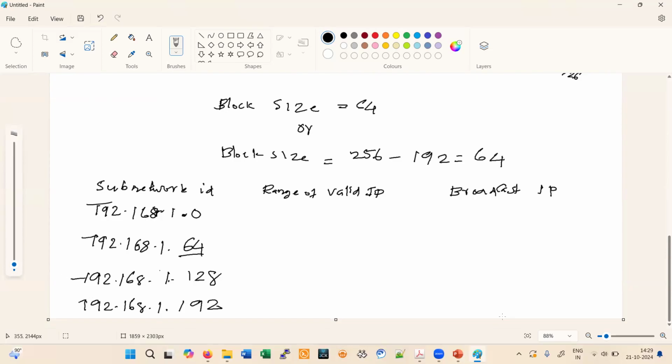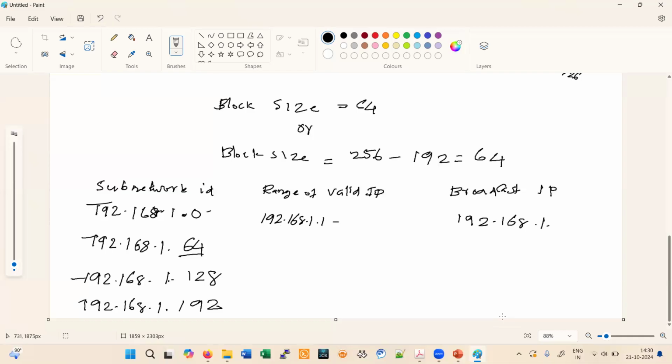You calculated that. Now we need to find the valid IPs in each network. We have 62 valid IPs in each network. We have calculated that. So the range would be: the first one is this network ID, the second IP would be 1.1. The last IP of this network will be the broadcast IP, right?